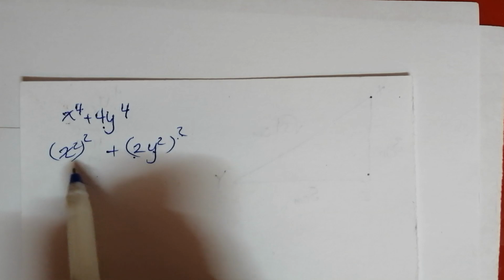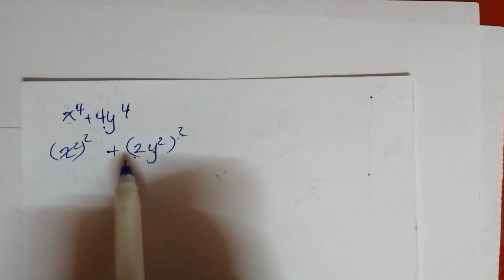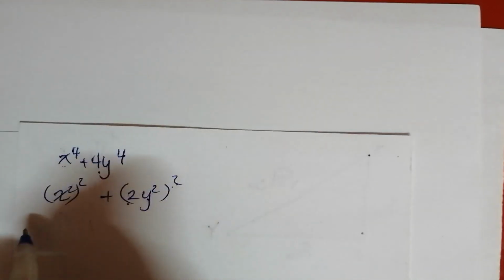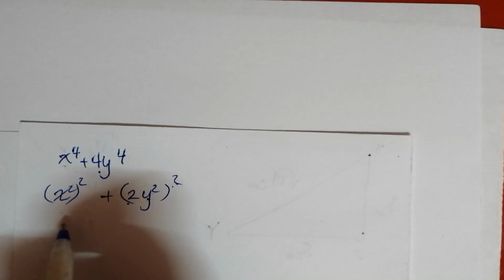So we have the first term squared and the third term squared, but we don't have the middle term. How can you find the middle term? You can find it by adding and subtracting the middle term.